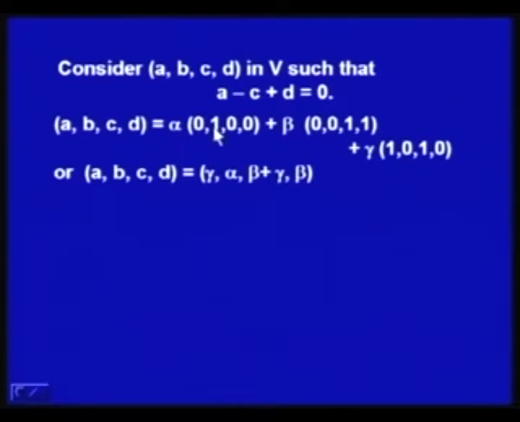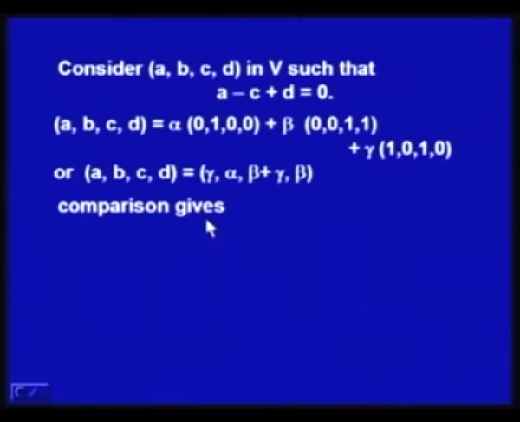So, it is alpha times 0 1 0 0 first vector plus beta times second vector plus gamma times third vector. So, if we combine these terms, then A, B, C, D is equal to gamma plus alpha, beta plus gamma and finally beta.